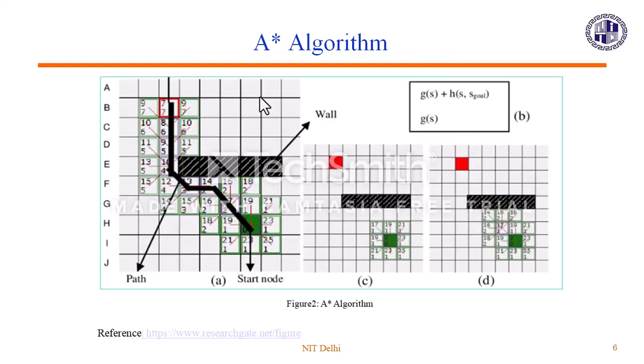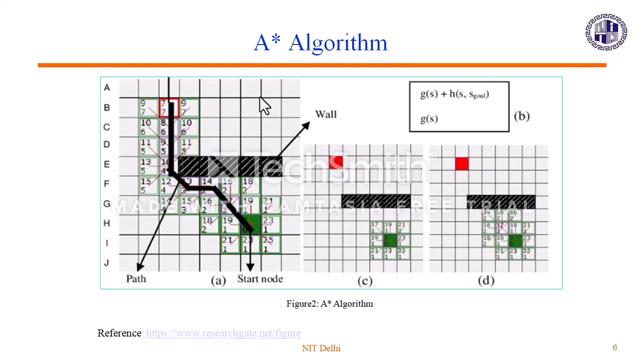Here is an example of the working of the A-star algorithm. In this example, the algorithm first calculates the cost of moving from the start node to the next node and adds the heuristic. After calculating the heuristic, it will find the minimum among all the neighboring nodes. In this, we can see the possible calculated values are 17, 19, 21, 23, and 25.